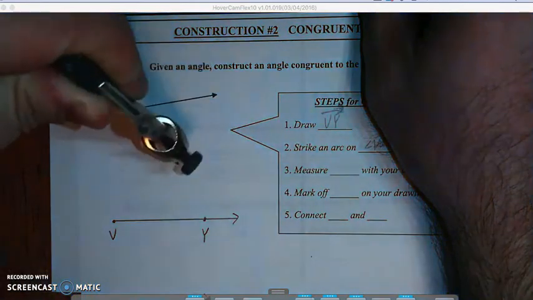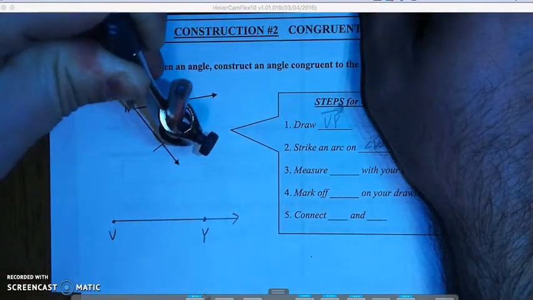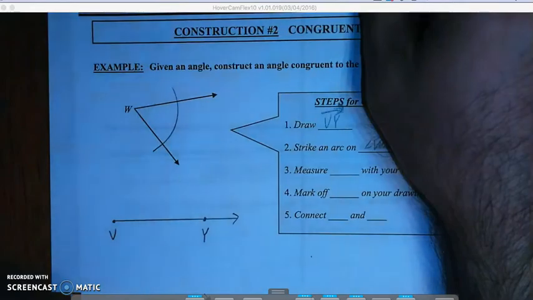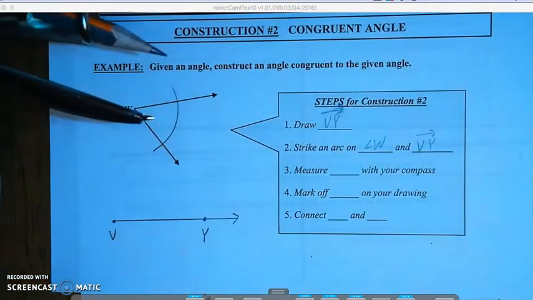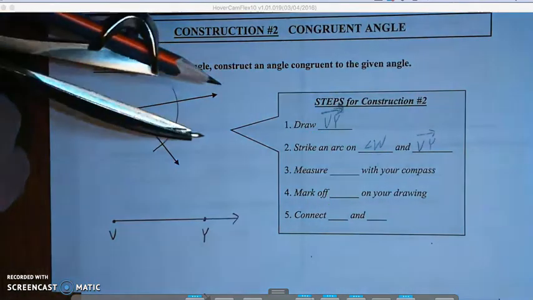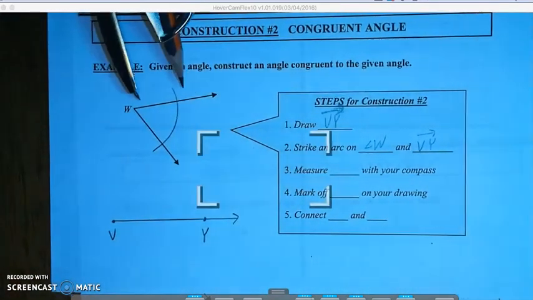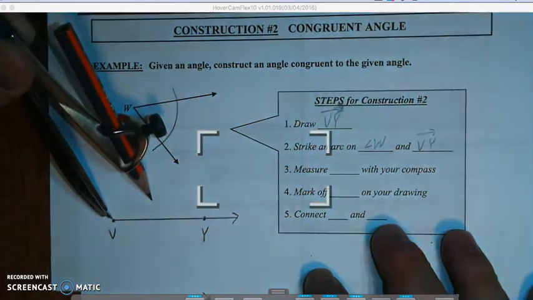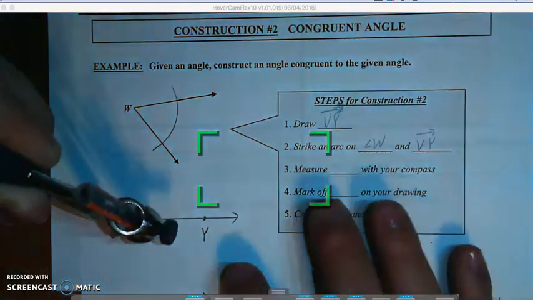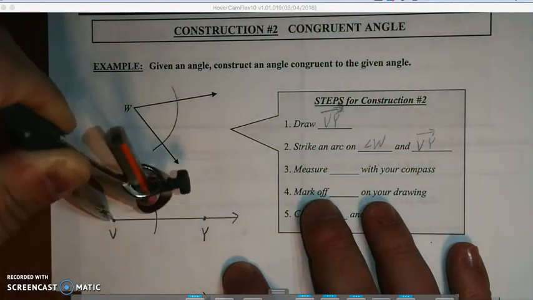We strike an arc on here, so it crosses both parts of our angle, and then I keep my compass the same width. I'm not opening or closing it. I'm going to come down here, put my pointy edge on V, and strike an arc on this ray.